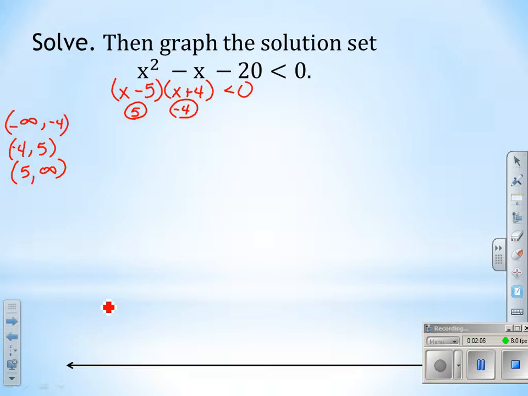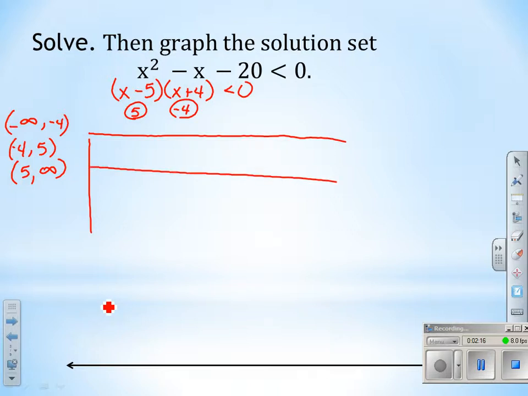Okay, so the book suggests, and I kind of like, making this chart to organize our thoughts. So let's say we were in that first interval, negative infinity to negative 4. Pick any number that's less than negative 4.